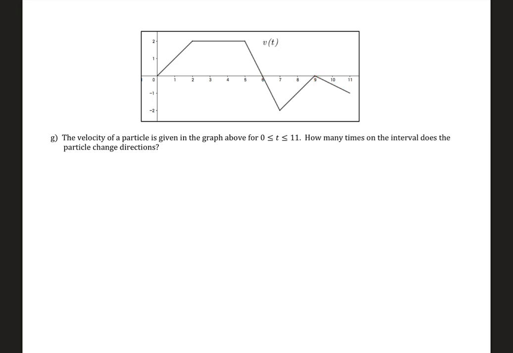So notice at 6, this point here, this is the only point where it changed directions, because it's the only point where before and after, the velocity was different signs. Before 6, the velocity is positive, and after 6, the velocity became negative. So that means at 6, it must have changed directions.